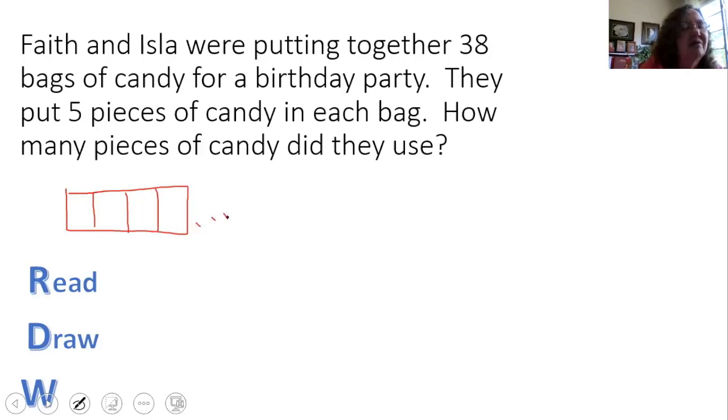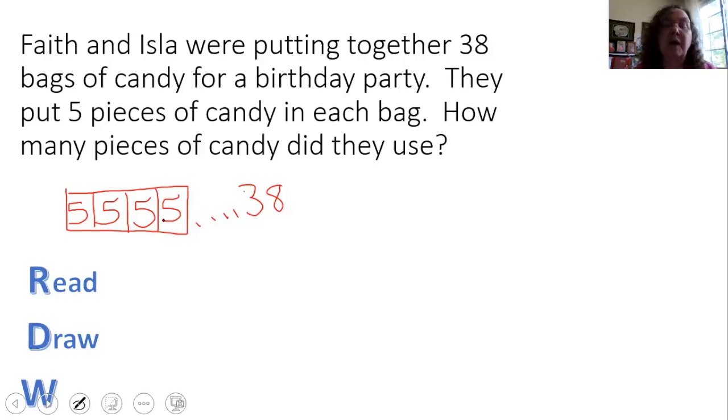And I know I don't want to draw up 38 bags because that would be so long. I'm just going to remind myself that there are 38 bags there. And I know in this bag there's 5, and in this bag there's 5, and in this bag there's 5, and in this bag there's 5, and I could do it 38 times, but that would be too much.